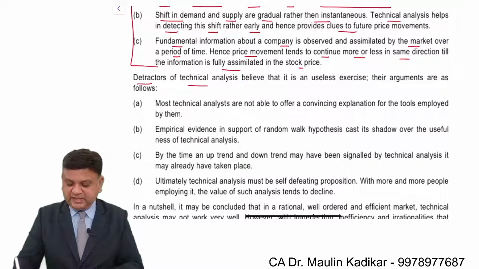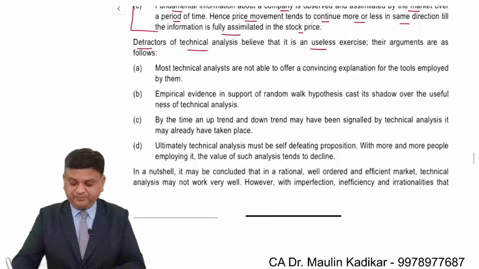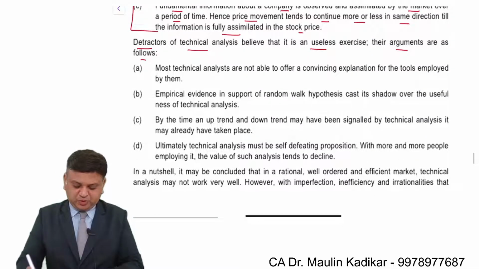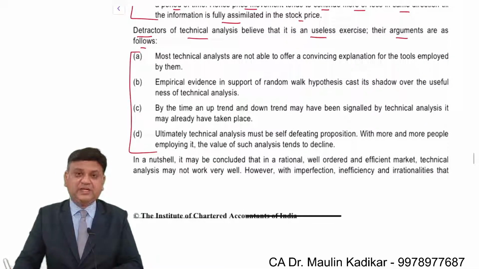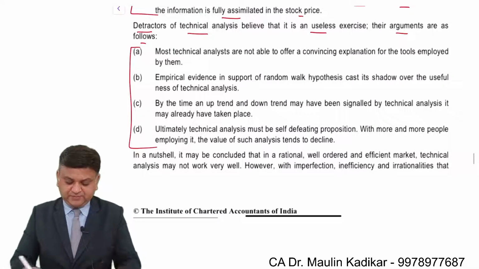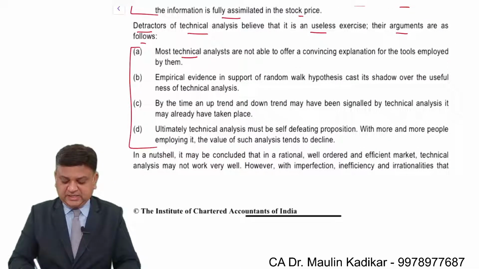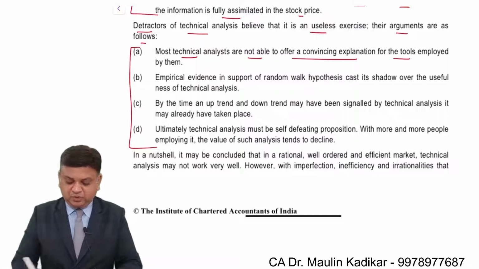Detractors of technical analysis believe it is a useless exercise. Their arguments are as follows, the critiques of technical analysis. First, most technical analysts are not able to offer a convincing explanation for the tools employed by them.